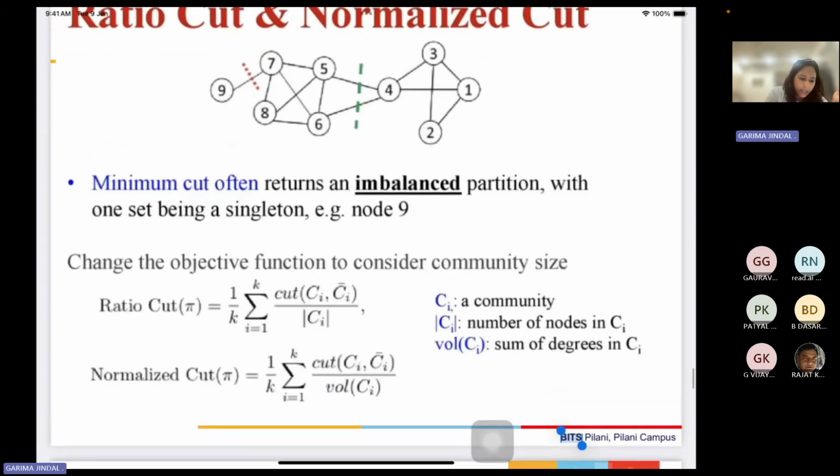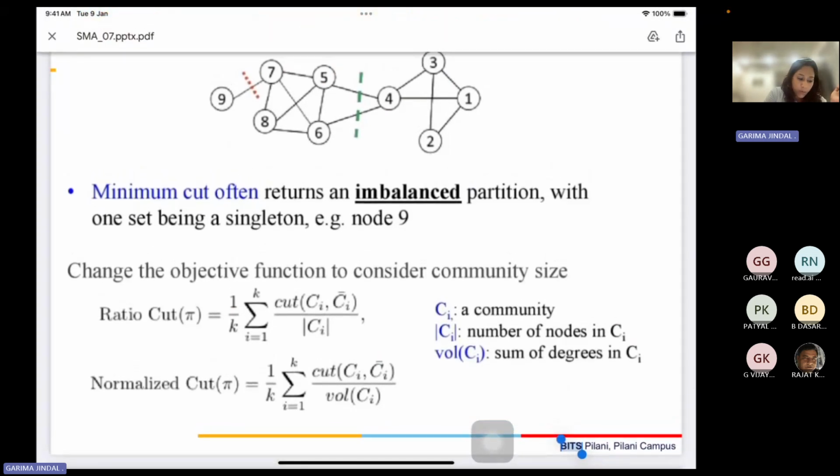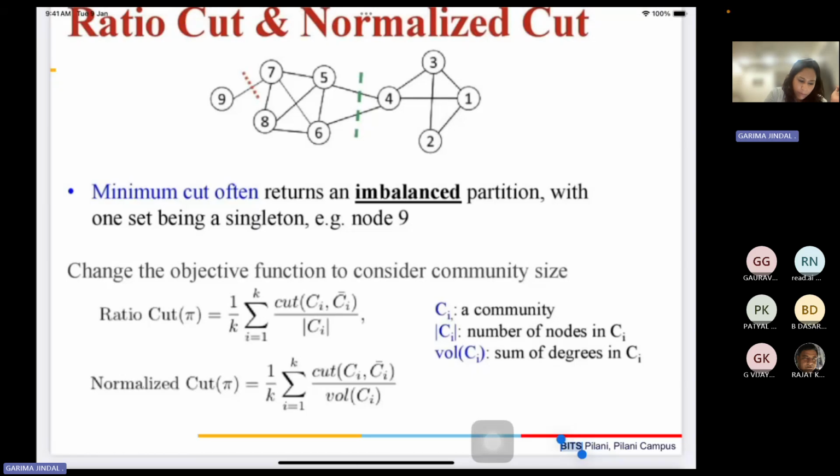So if we cut this edge, we will have two subgroups. One is 9 and the rest subgroup is this entire network.